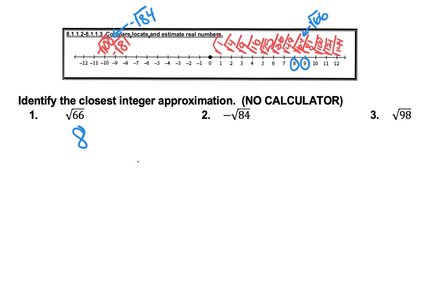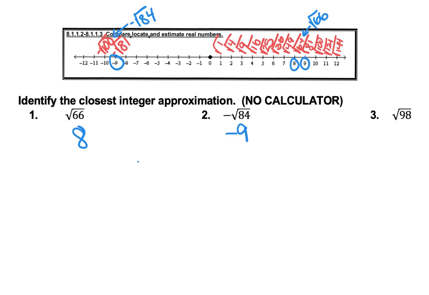So when you take the negative square root of 84, notice it is closer to the negative 9. So it's going to be a negative 9 point something, maybe a negative 9.2, but it's asking for the integer, which is a positive or negative whole number. So in this case, the closest integer is negative 9.